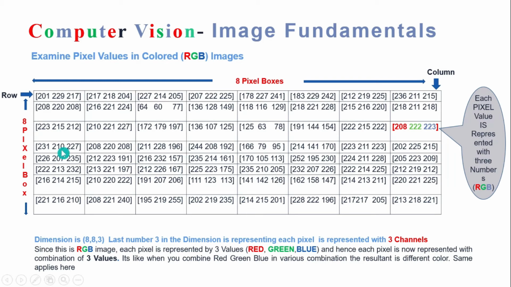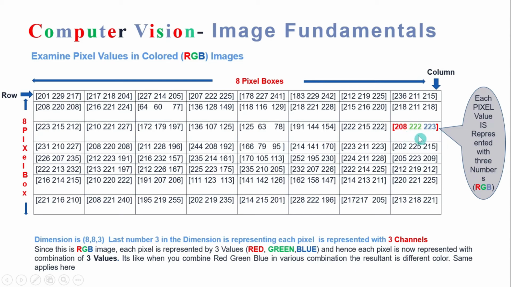So it has 8 pixels in the row and 8 pixels in the column, but there is a difference now in each of the pixel values. Each pixel value has 3 different numeric values. Let's look into this one, where it has 208, 222 and 223.